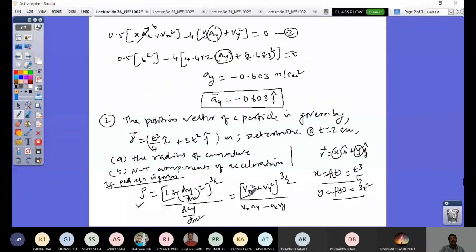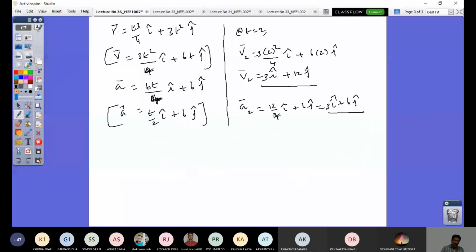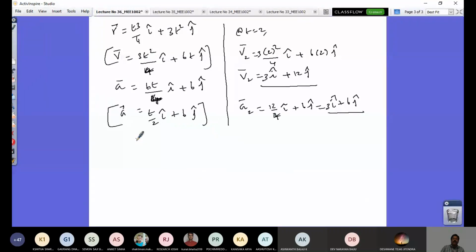Or I can also use the third relationship we saw in the last class: A cross V equals V cube by rho. I will use this to find my normal and tangential components at that time. Now let us first find rho. How do I get it?